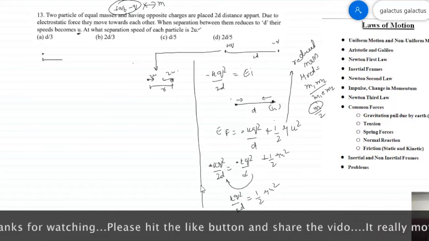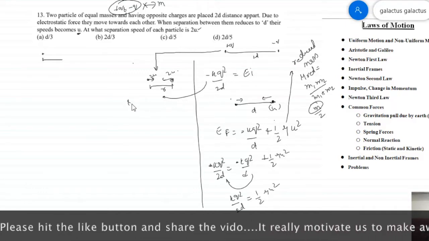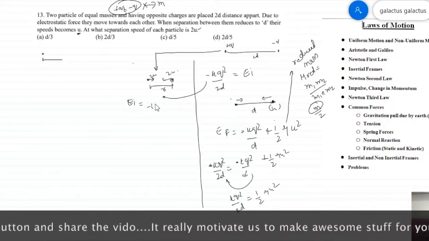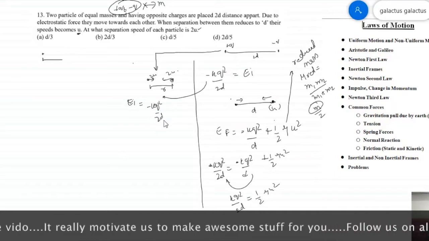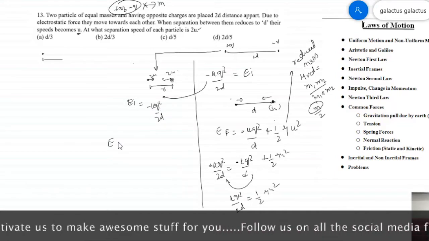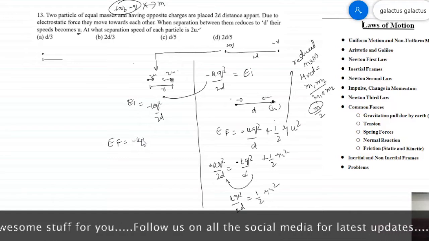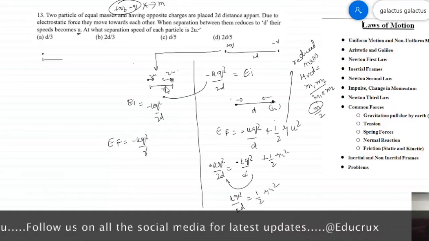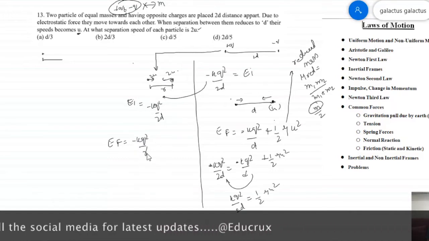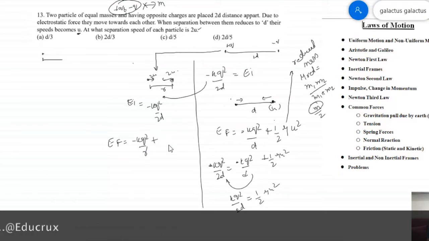In this case, initial energy will be equal to minus kq squared upon 2d. But final energy will be minus kq squared upon r, because this is the unknown quantity that we have to find, and at the distance r, the speed of each particle is now 2u.